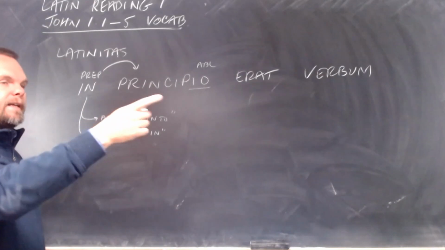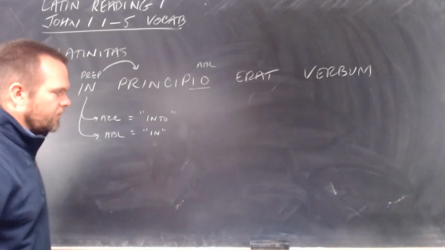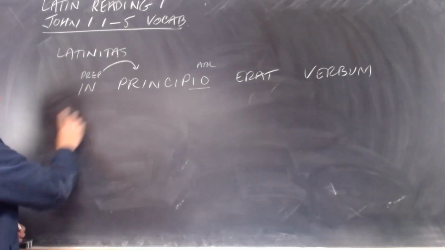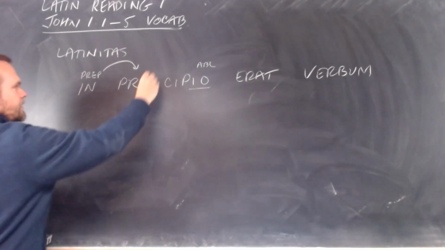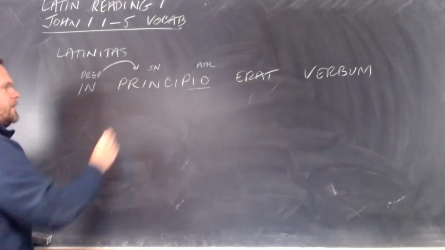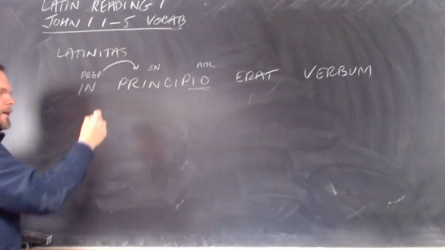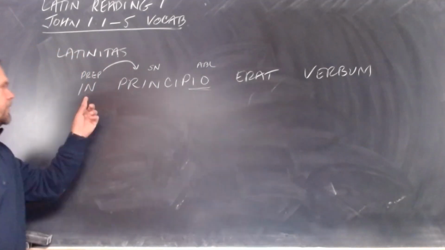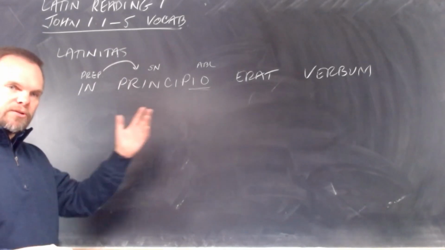If you look up the word in a Latin dictionary, there'll be a whole page of possible translations. We don't just guess. All right? So in this sentence, in is a preposition followed by, this is a noun, a substantive noun. So I'll write SN, substantive noun, and it's in the ablative case, and that's why we translate it as in the beginning. Okay? In other sentences, we'll see the preposition in, and it will have a different translation. And we'll see why when we get there.